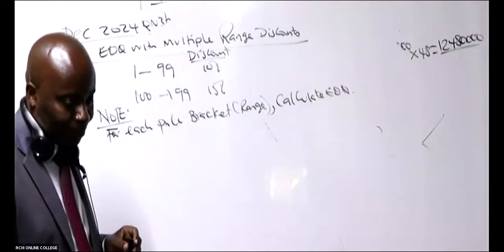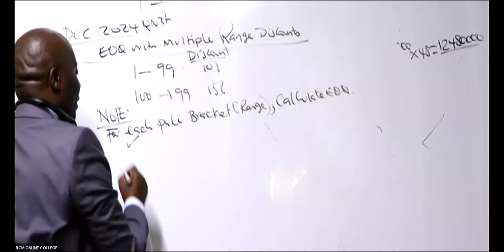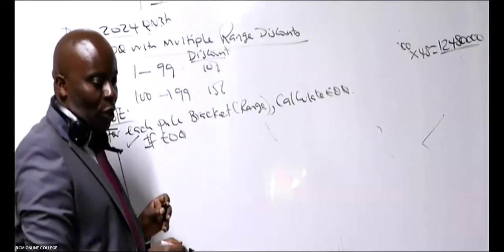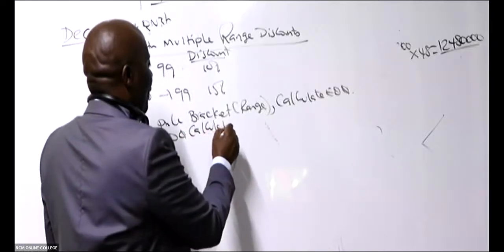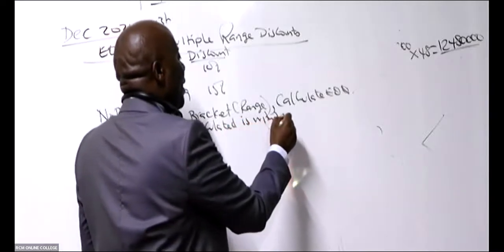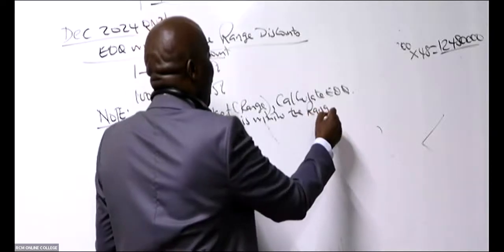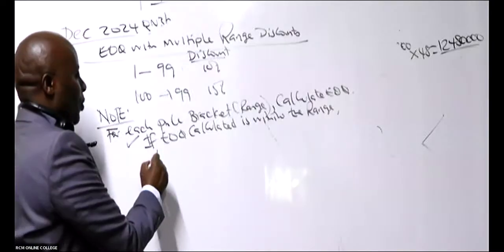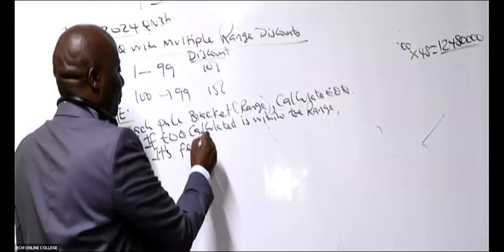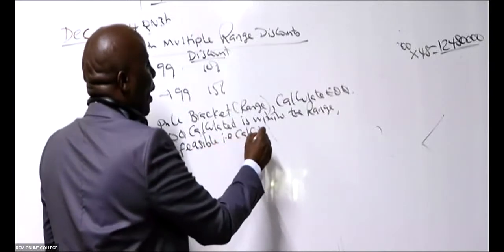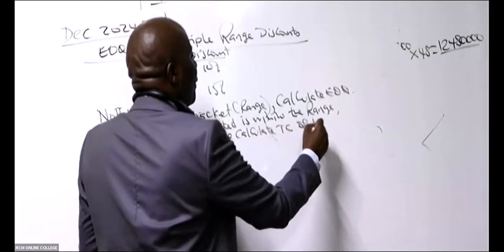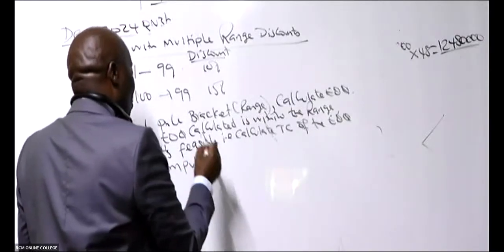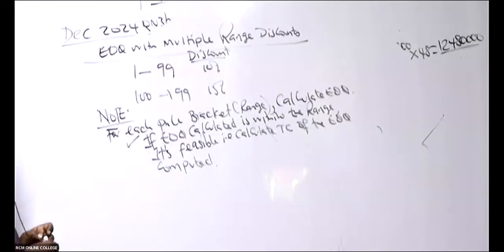Now, number one: if EOQ calculated is within the range, it is feasible.